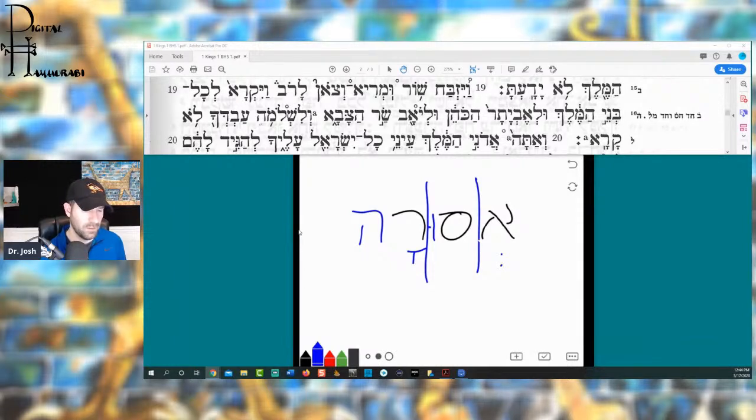So what the guttural wants is a composite shva. Asura. So asor, asora, asorim, asorot. Okay. All right. That's good. That gets us through the lesson. And I actually think that was useful.